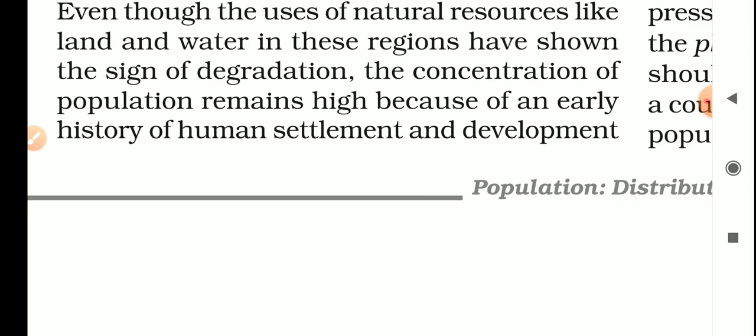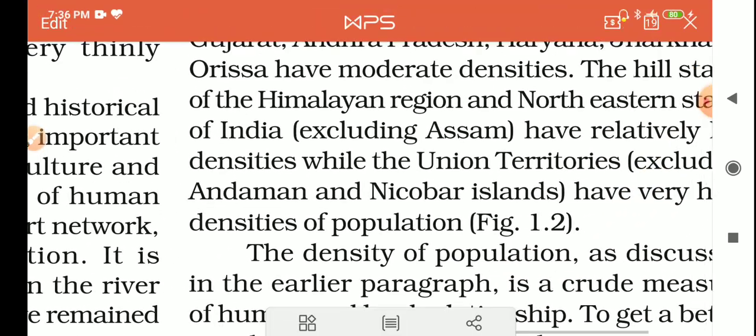But over time, the conditions of living were not as good as earlier. Water scarcity happened, climate change also happened, soil also degraded, life is too costly, but still people are living there because of historical factors. That's why.